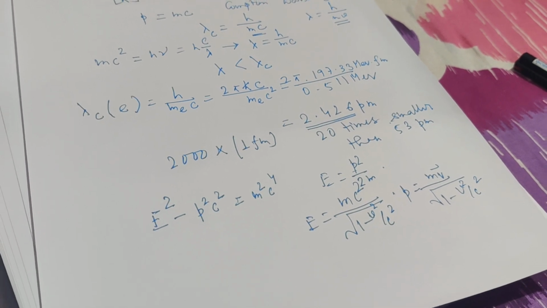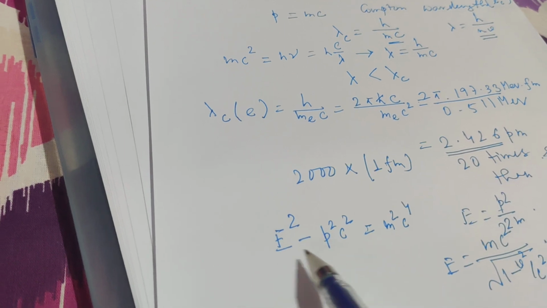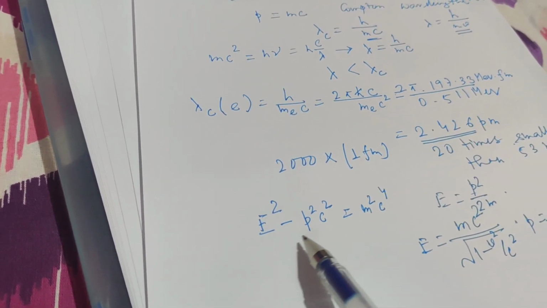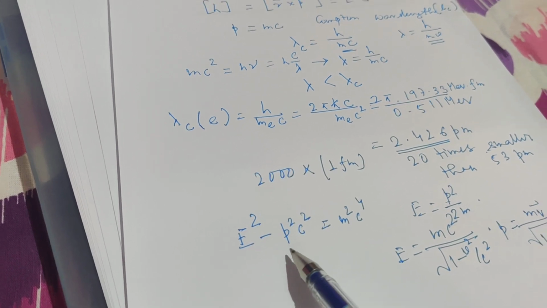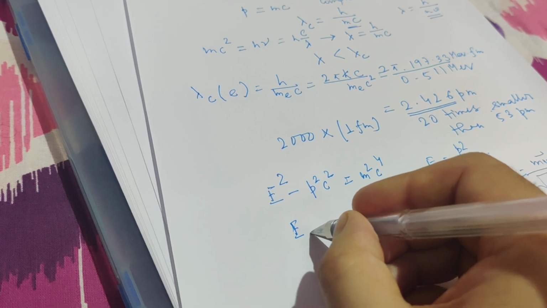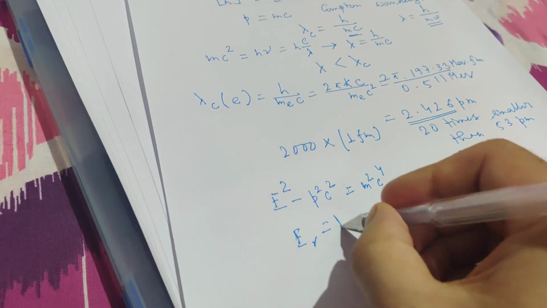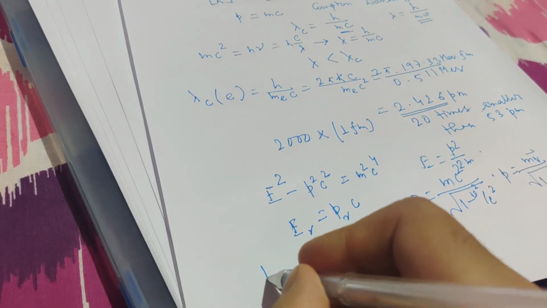So with the rest mass set to 0, this equation becomes E is equal to P times c, and E is equal to h nu.